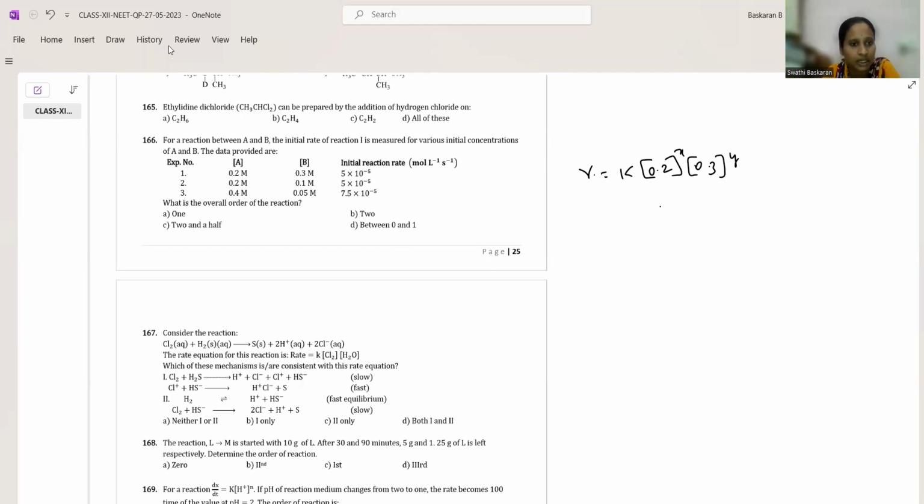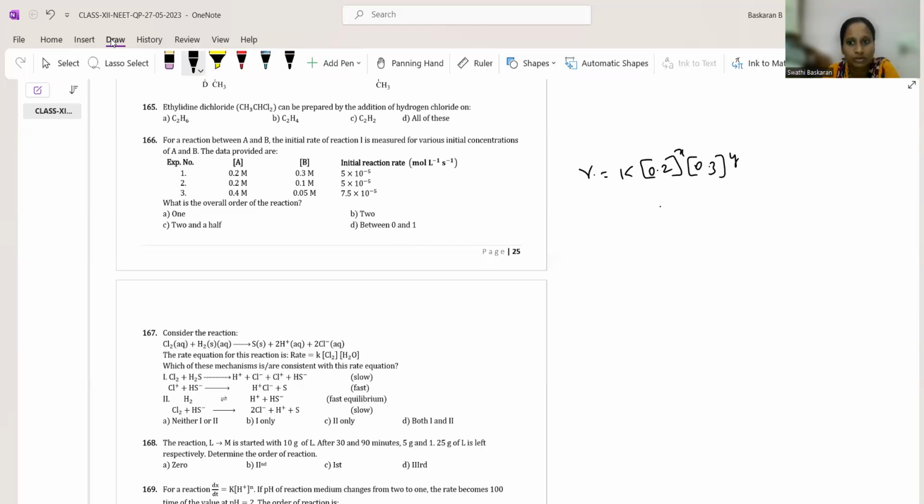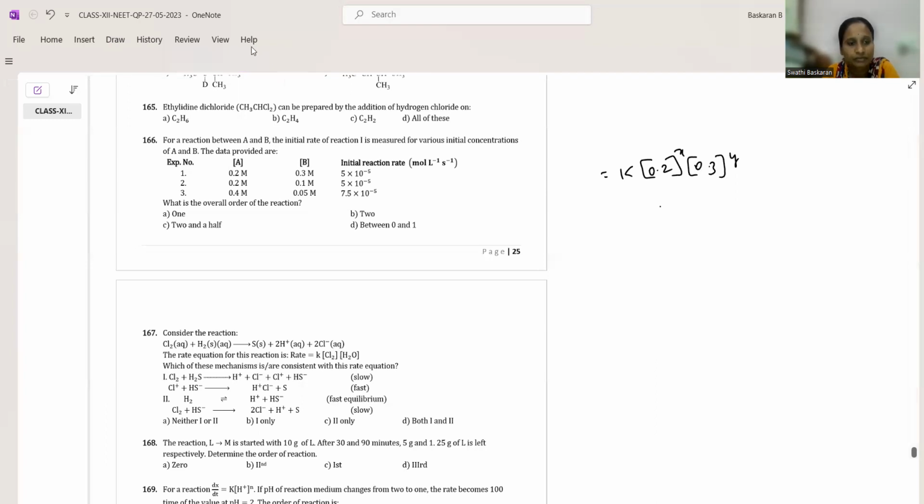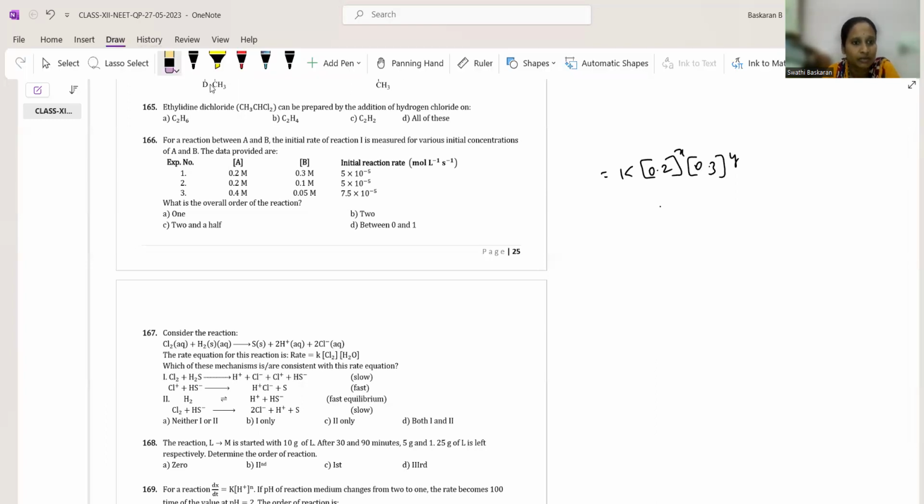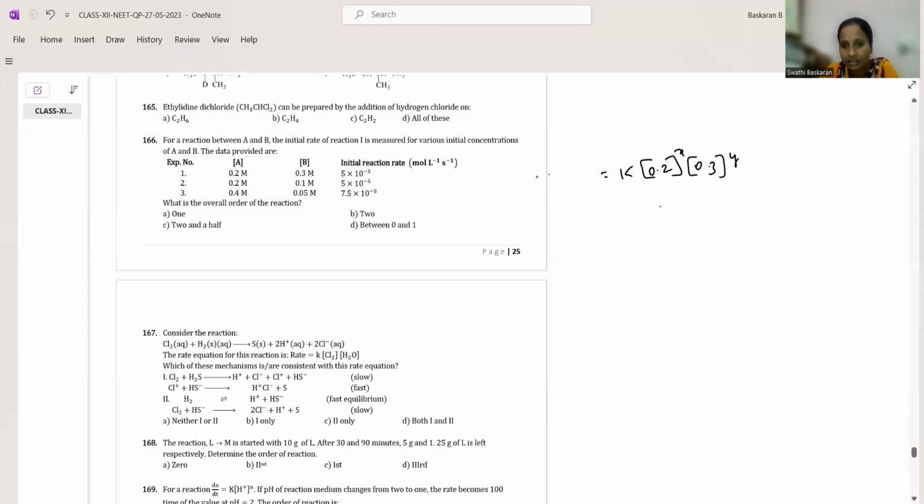Now let us write completely how we are going to do it. Let me erase this R, and then we will write the value of R. This is 5 into 10 power minus 5, which is the rate given in mole liter inverse second inverse.